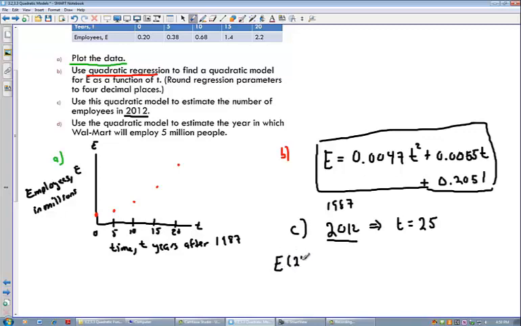So E of 25 is equal to, and so I'll take 0.0047, and I'll multiply it by 25 squared, and then I'll add 0.0055 times 25, and then to that I'll add the 0.2051. And so let's do this on my calculator.